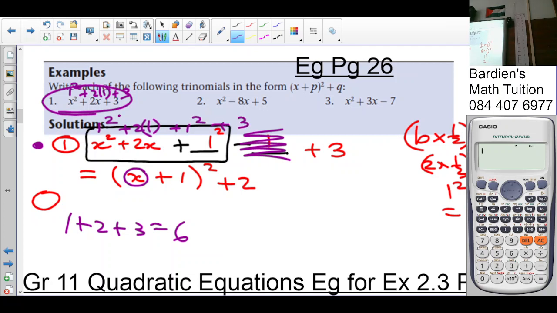So it's 1 squared plus 2 plus 1, which is 4, plus 3, 7. But what am I supposed to have gotten? 6. So you understand? So if I introduce a 1 to the expression, I must take it away again.